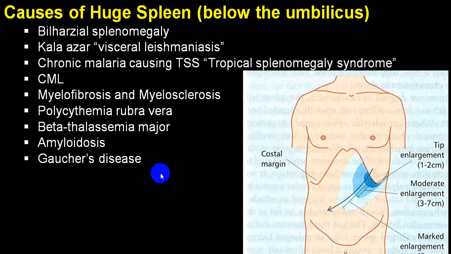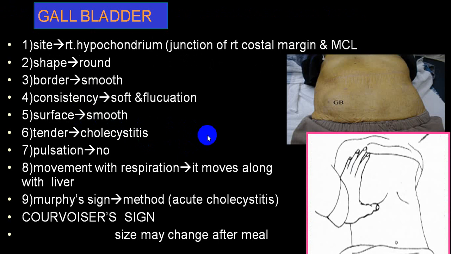So try to remember some of the common causes like malaria, Kala Azar, chronic myeloid leukemia, polycythemia rubra vera, myelofibrosis, aplastic anemias, etc. And occasionally in case of a hemolytic jaundice, particularly beta thalassemia major, it will be massively enlarged.